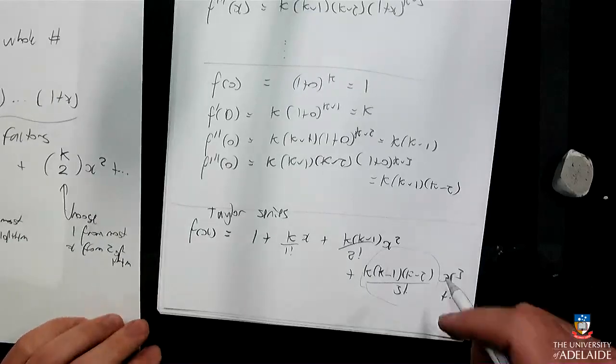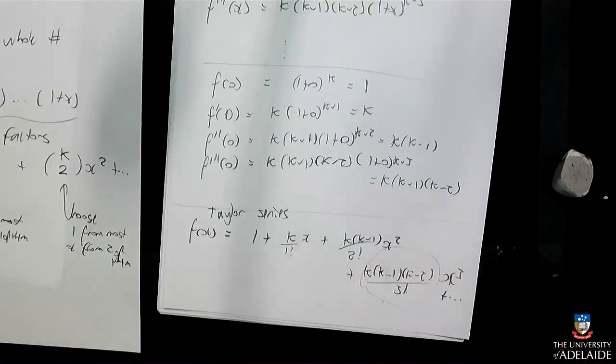And so I'll just do it when k is a half because that's what the derivatives tell me I have to do. I told you it was unsatisfying.